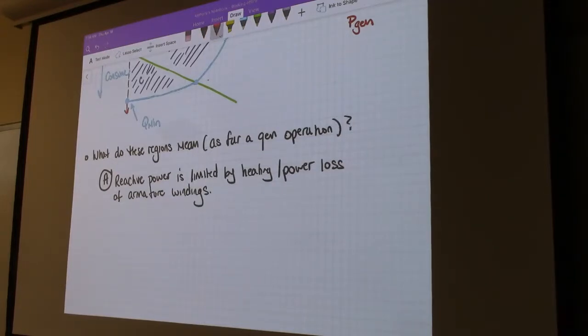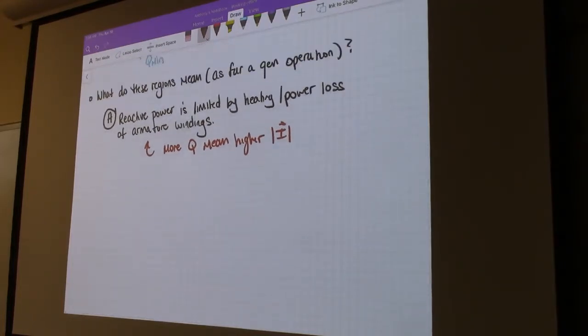And this makes sense because we know more Q means higher magnitude of the current going out. In region B, the reactive power is limited by the heating of the field windings.